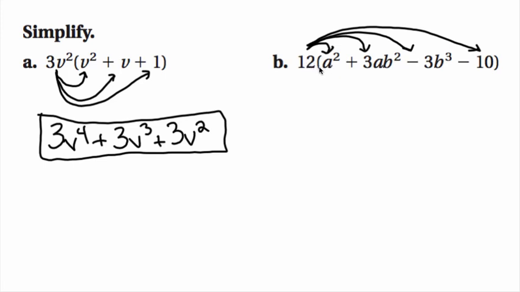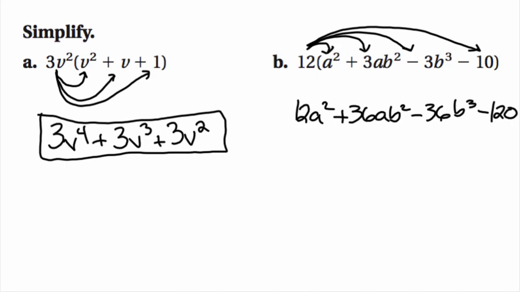So 12 times 1a squared is 12a squared, plus 12 times 3 is 36ab squared, minus 12 times 3 is 36b cubed, and then minus 12 times 10 is 120.